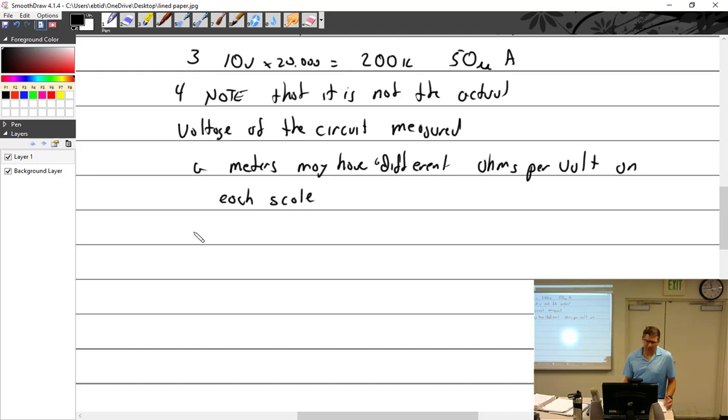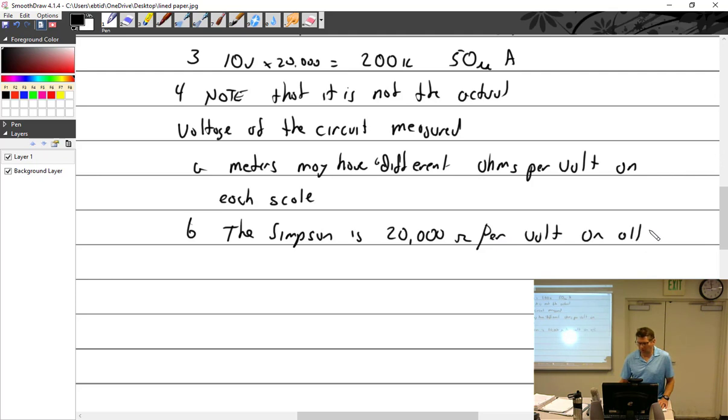We're just talking about our Simpson meter because that's the one we're using. So the Simpson is 20,000 ohms per volt on all DC settings.